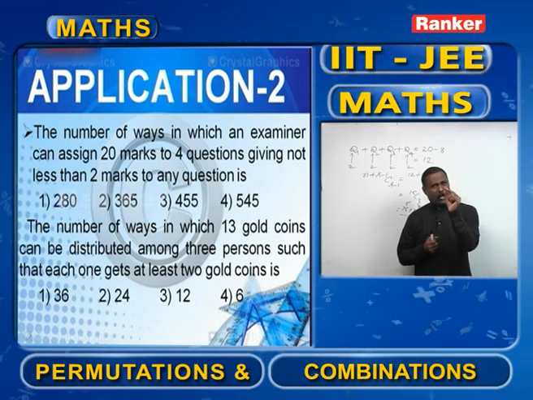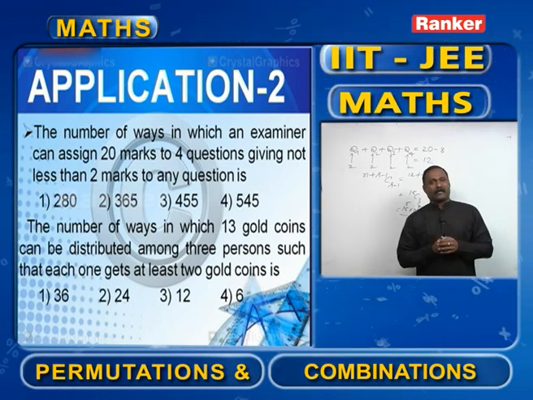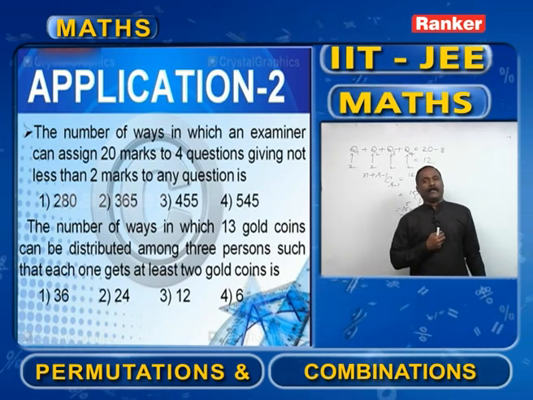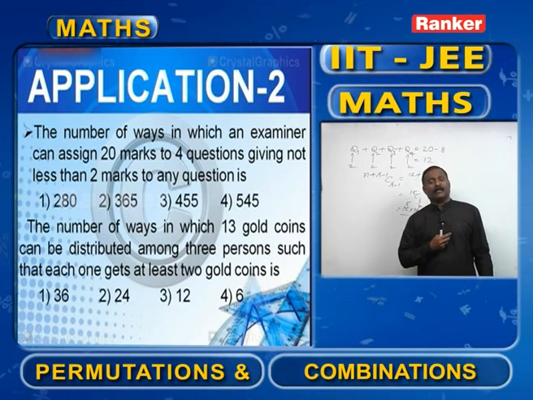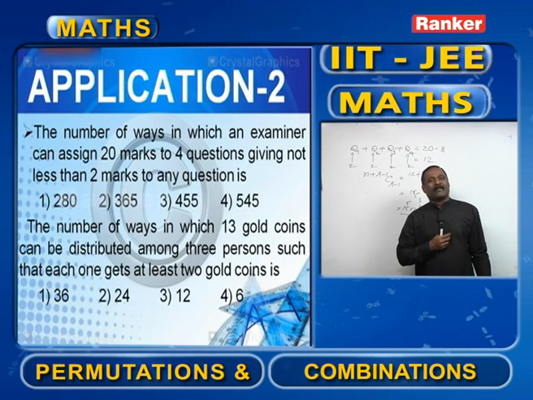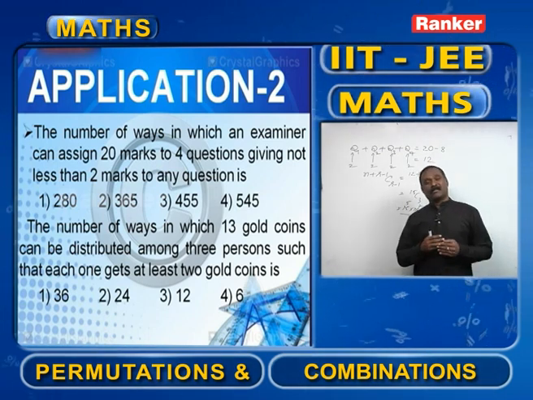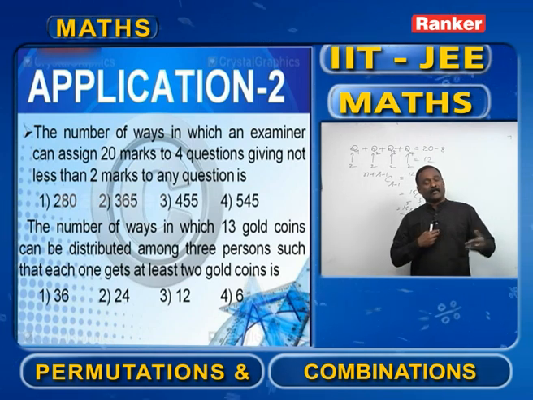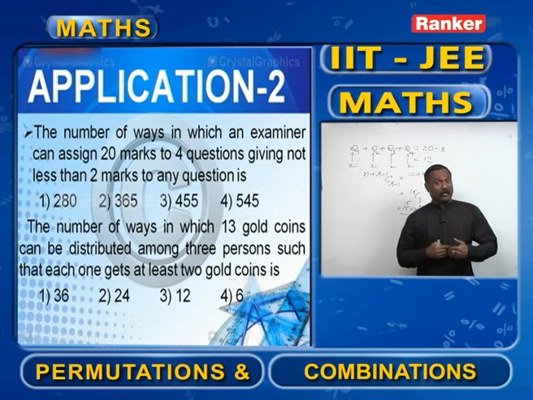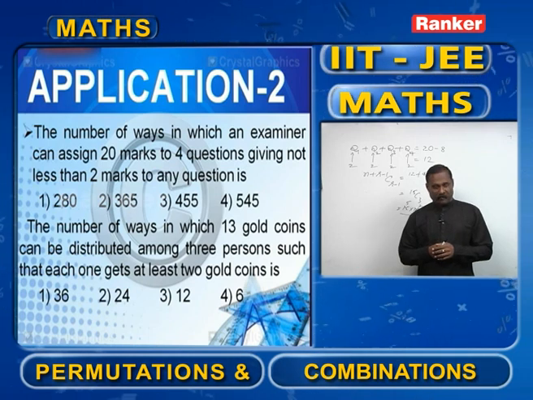So those 7 coins will be distributed to 3 persons. That means P1 plus P2 plus P3 is equal to 7. Then you apply the same formula for non-negative integral solutions, because 0 coins can be given to a person since the restriction is already fulfilled.